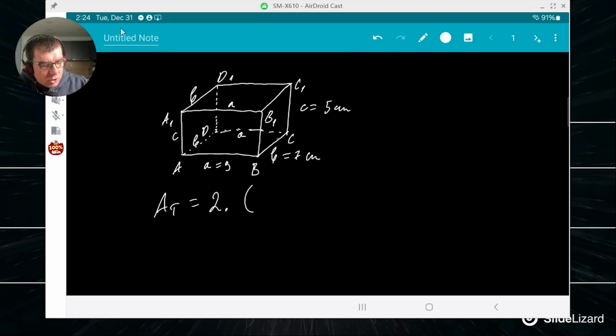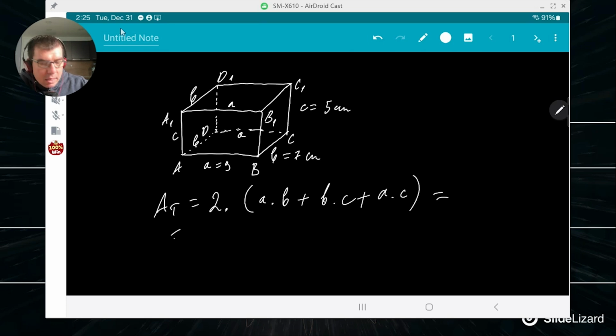So one of the faces, which is the lower base, would have area A times B. Let's say this face on the right side will have area B times C because those are its dimensions, B and C. So B times C. And then the one which is in front of us, that's the face A, B, B1, A1, will have area A times C. This rectangle in front of us has dimensions A and C, right? So A times C. This is how we find the total area.